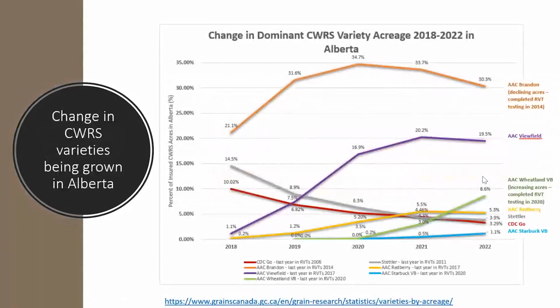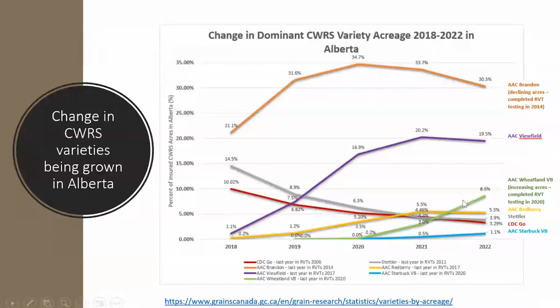So the next quick little data that we're going to look at is from the Canadian Grain Commission website. It is crop insurance data, and it shows you the acres of different varieties. And you can see this orange line is Brandon. So in 2018, Brandon was grown on 21% of the CWRS wheat acres, and it peaked in 2020 being grown on 35% of the CWRS wheat acres in Alberta, and starts to drop off as we get to 2022.